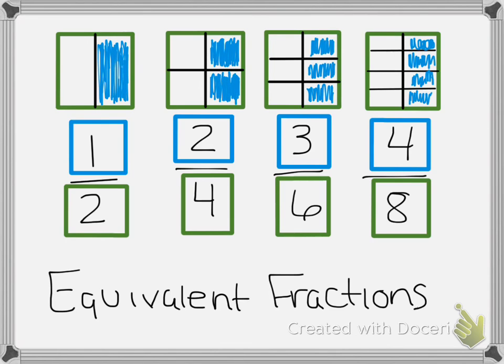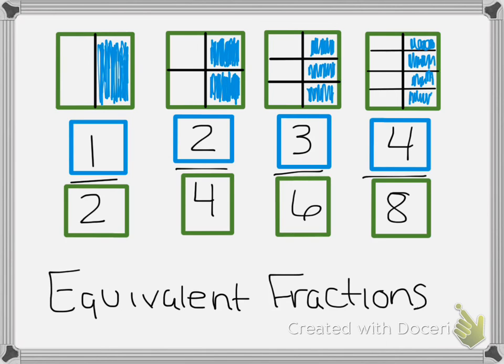So a lot of times when we are adding and subtracting fractions with different denominators, we have to find what is called an equivalent fraction, or a fraction that may look a little bit different, but has the same value.